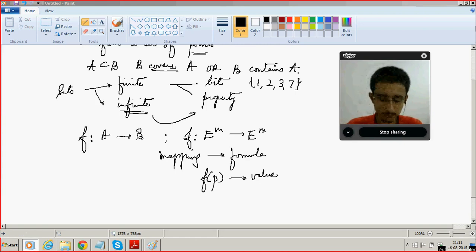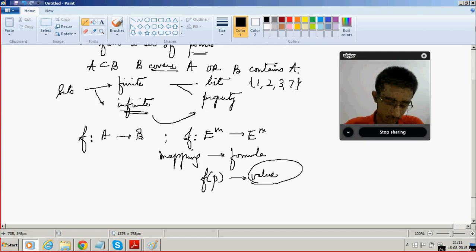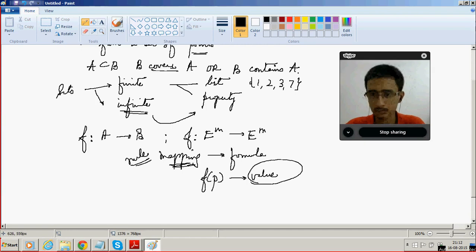Yeah. Okay. So the function assigns to each point P in the domain a value f of P which is unique. So the function is the rule or the mapping, and f of P is the value. There are three things we are talking about: the value of the independent variable x, the value attained by it y, and the mapping.